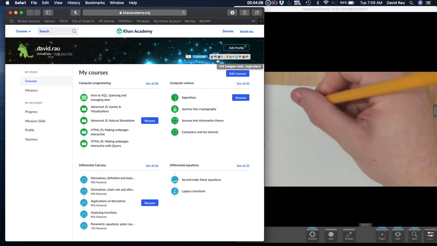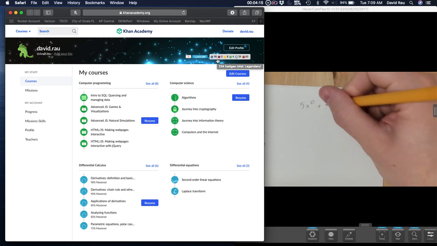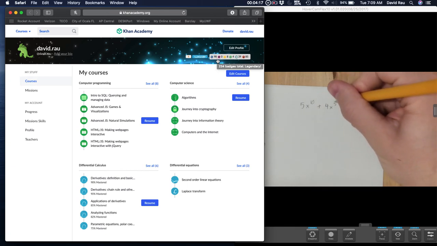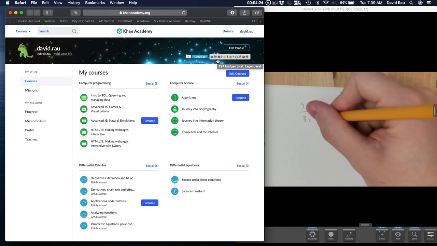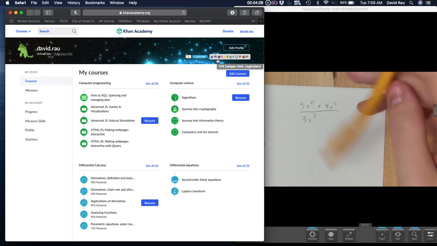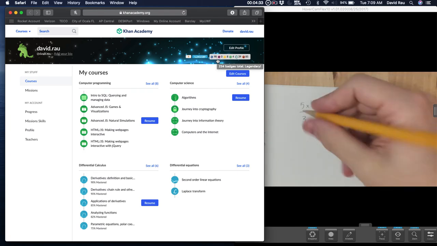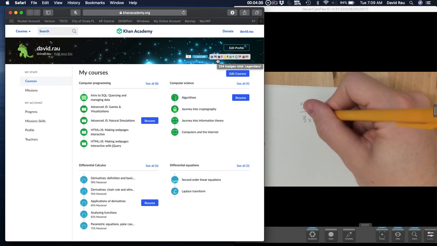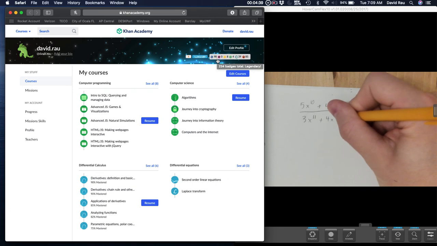What if I had something like 5x to the 10th plus 4x to the 5th all over 3x to the 8th? Well, no, I want to make it a little interesting. I think the unbounded ones are not interesting. So we'll make this 3x to the 11th plus 4x to the 5th.